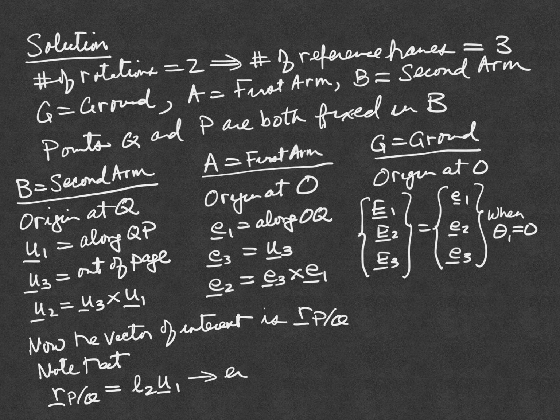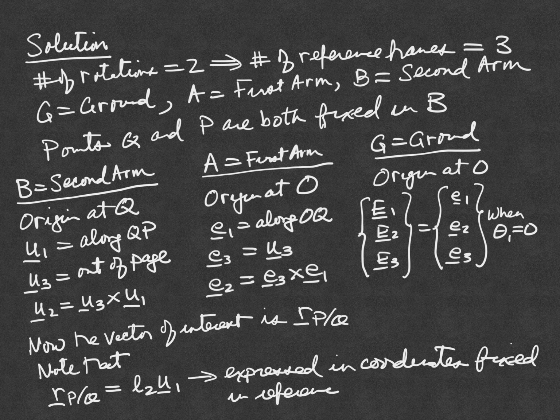And this vector is expressed in coordinates fixed in reference frame B. So because it's expressed in coordinates fixed in reference frame B, the results that have been derived for kinematics of a rigid body have to be applied using the angular velocity of B in G and the angular acceleration of B in G. So that's what we're going to do next.